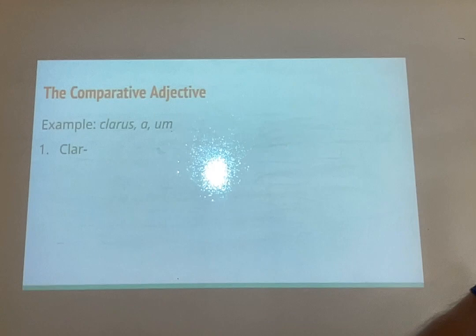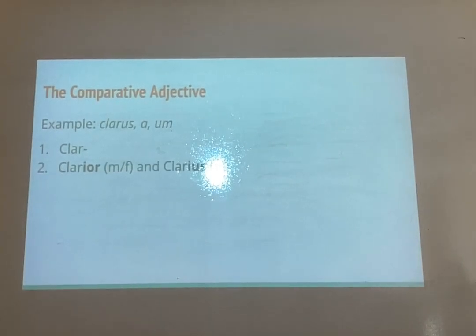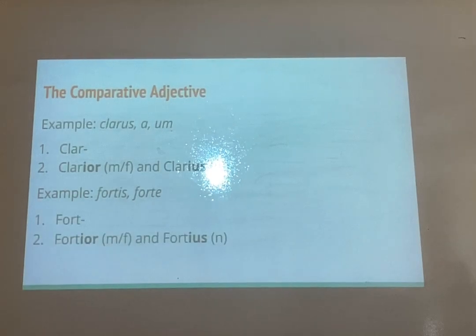All right, you add the comparative stem ior for the masculine and feminine and ius for the neuter. And then from that point on, you can put third declension endings on. So here's a third declension adjective, fortis, forte, that does the same thing. You knock off the genitive ending of fortis, forte, you're still just left with fort, and it does the same thing.